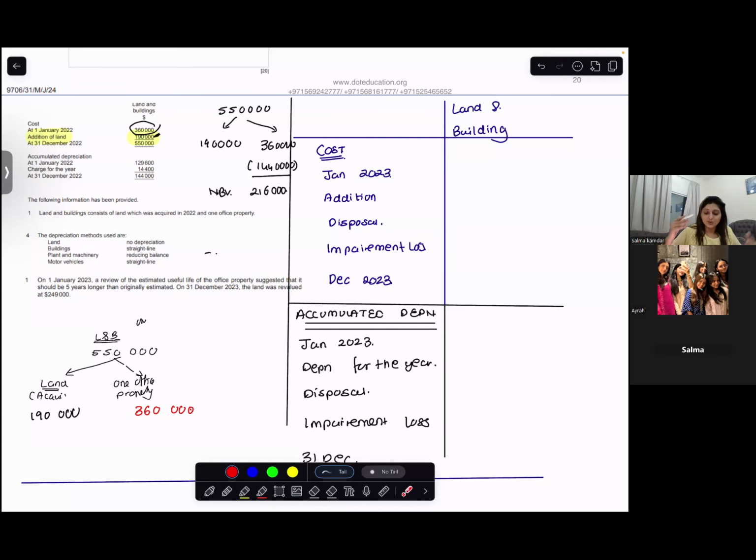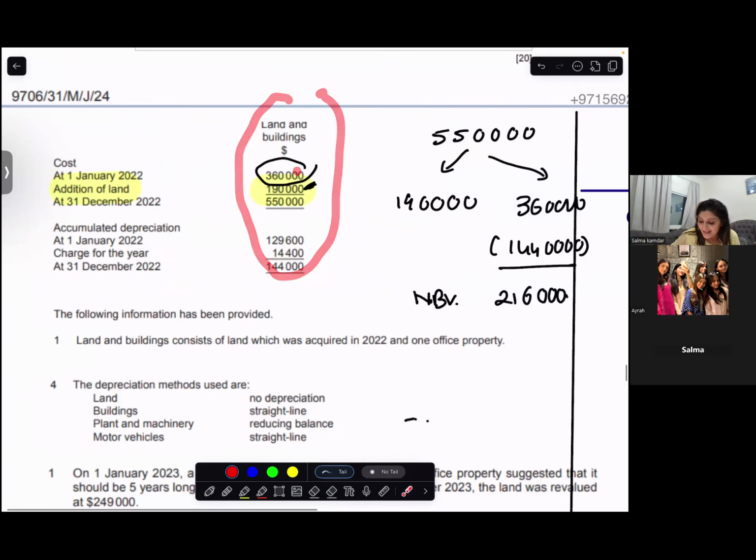Let's see, this was the schedule that was with us, which is for land and building. On the first day, I had 360,000 and there was an addition of land that I did. So land was purchased in 2022, and now on 31st December 2022, I have land and building of 550,000 total.